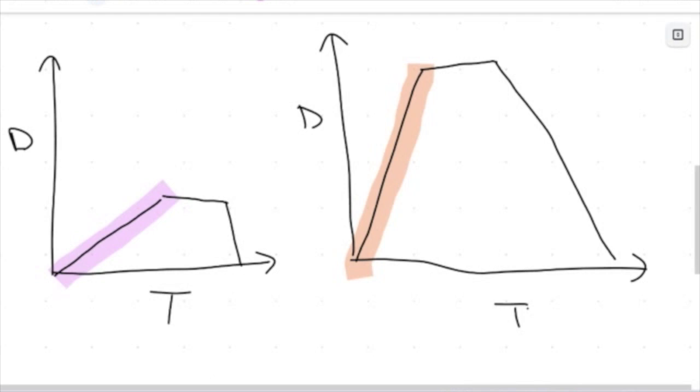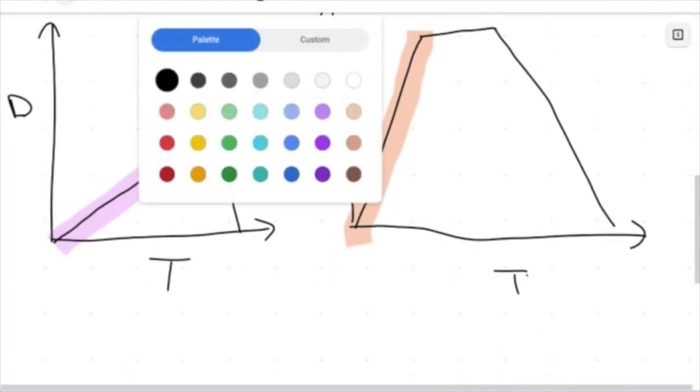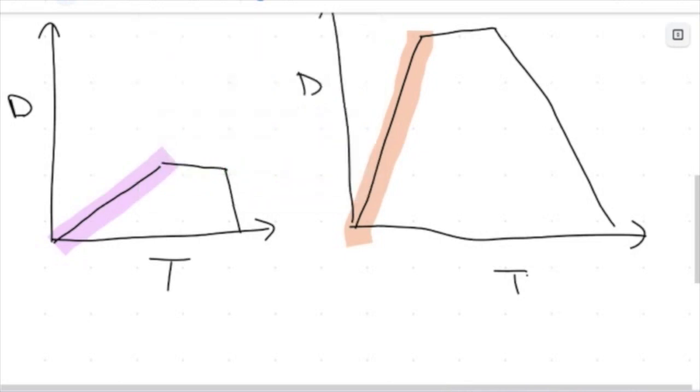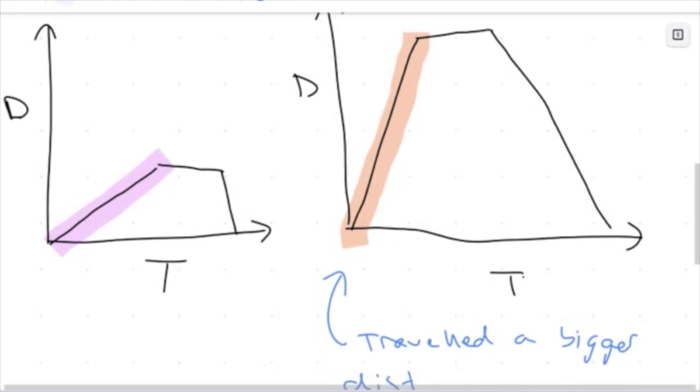So let's look at the right-hand graph first. So this thing here tells me I have traveled a bigger distance. You can hopefully see that here. When I compare my pink to my orange, it goes a lot higher vertically.